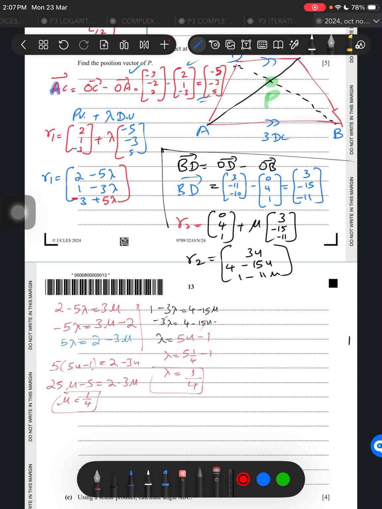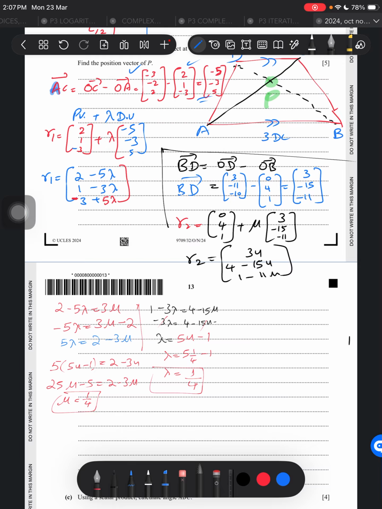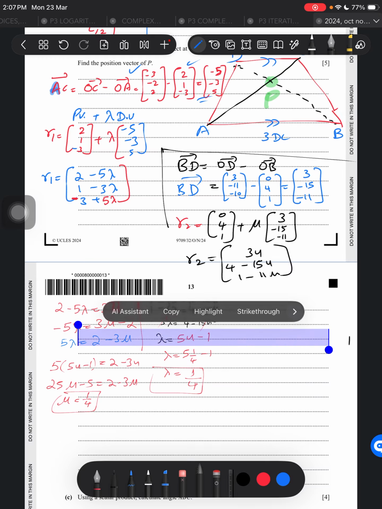Let me just highlight it for you, or maybe we can just drag this from here and copy it down to get directly plugging in the values.